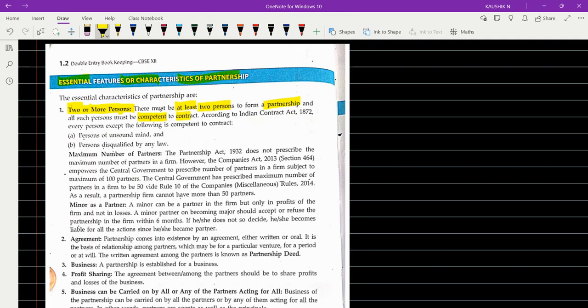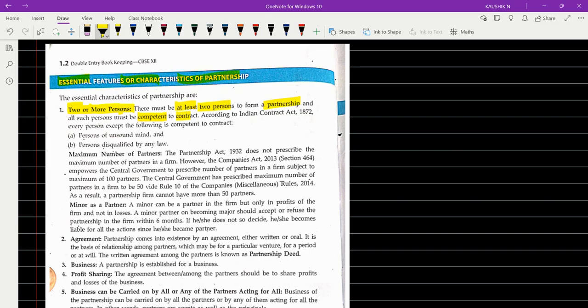They should not have any problem in their mind, and they should not be a bankrupt, insolvent, as we say. A person going to start a partnership business must have a sound mind, and should not be a person who is not competent to contract.